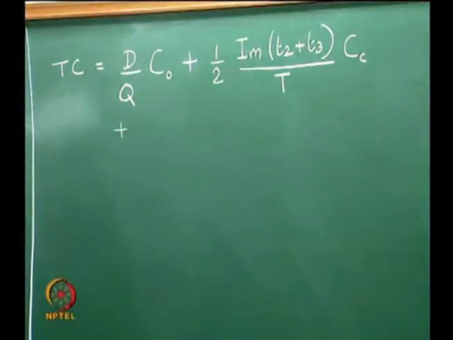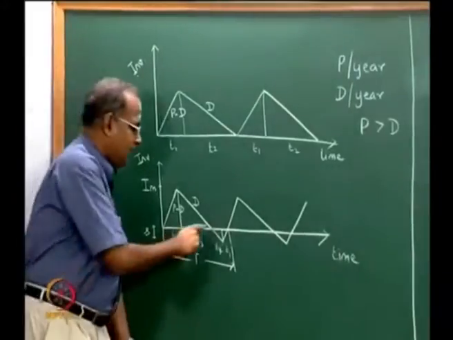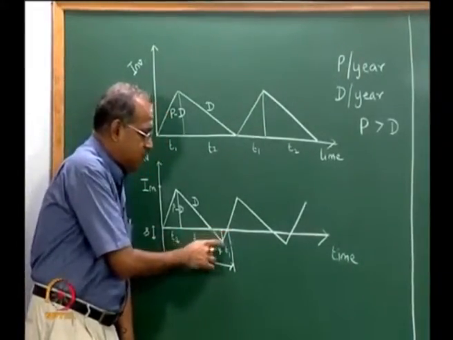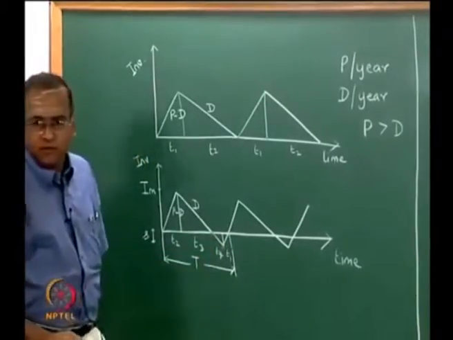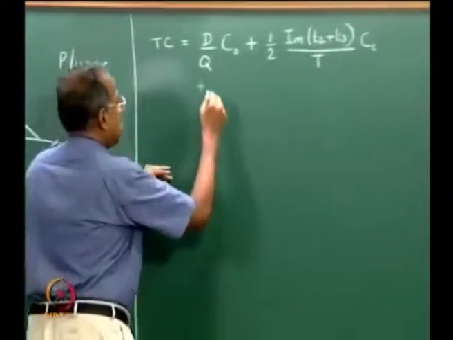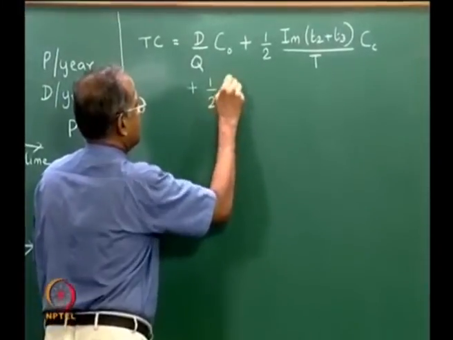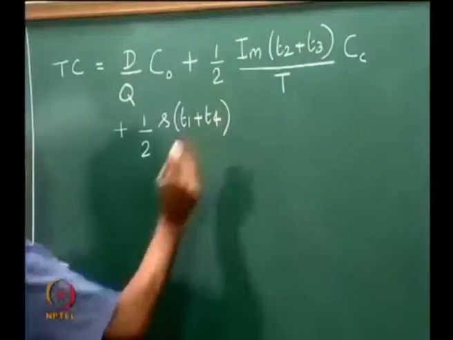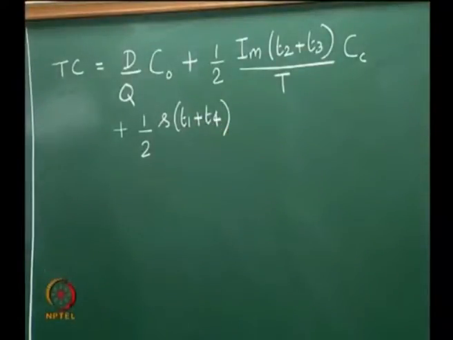So total quantity back ordered is area of this triangle, which is half into S into T1 plus T4.